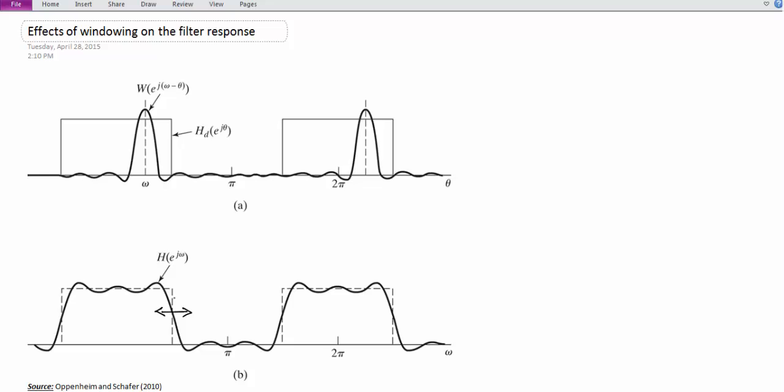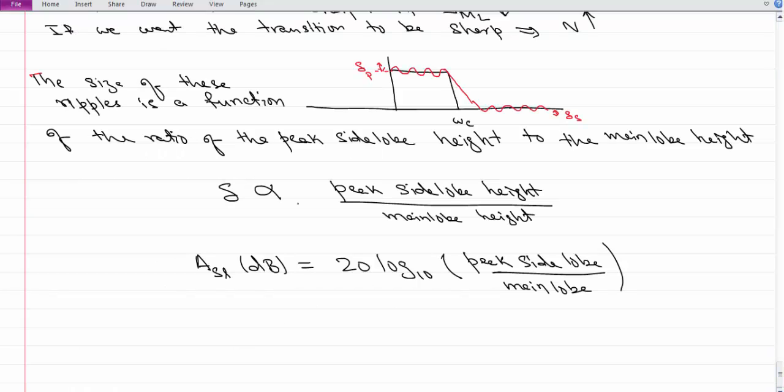Now let's talk about what role the length plays in terms of the size of these ripples. So going back to the aspect of how we select the length of the filter so that we can control the size of the ripples, actually that's where things get interesting. We get what's called the Gibbs phenomenon.